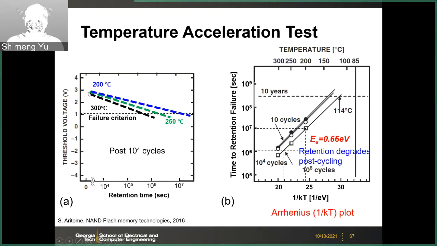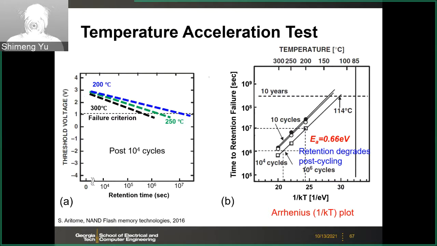Basically here we bake the samples at a very high temperature to accelerate the retention because we cannot wait for months or years to determine whether this product is reliable or not. And as a test engineer, reliability engineer, you have to identify whether your product meets the specs or not within a few days.